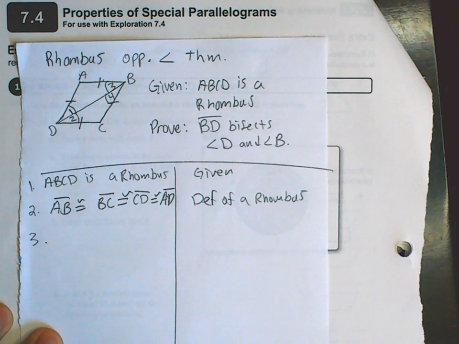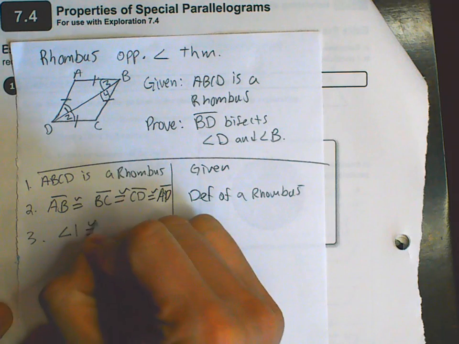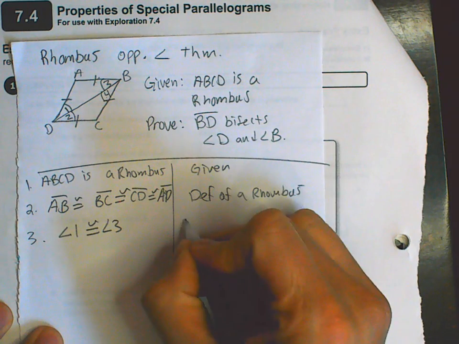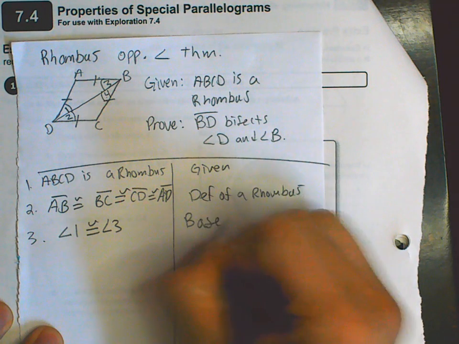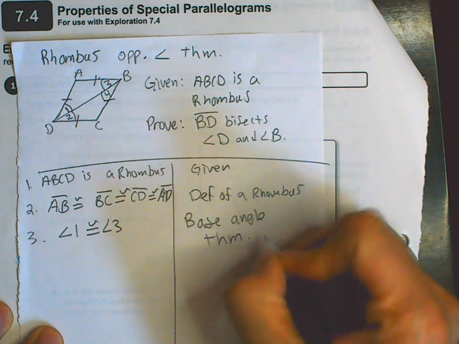All right, now because these angles here are going to be congruent, angles 1 and 3 are congruent by the base angle theorem. Angle 1 congruent to angle 3 by the base angle theorem.